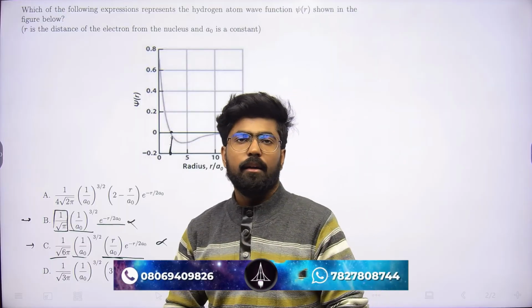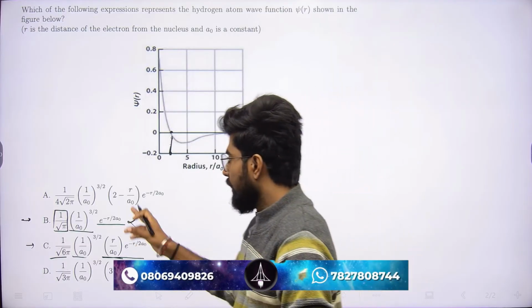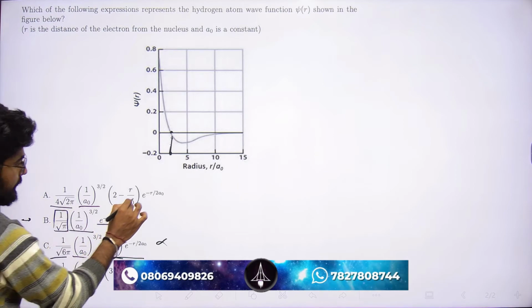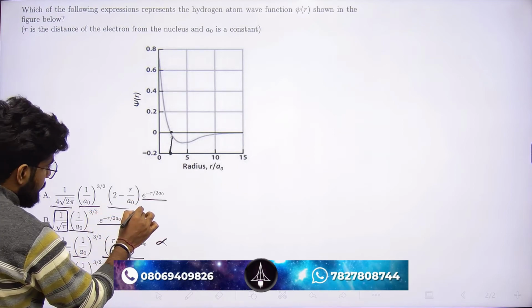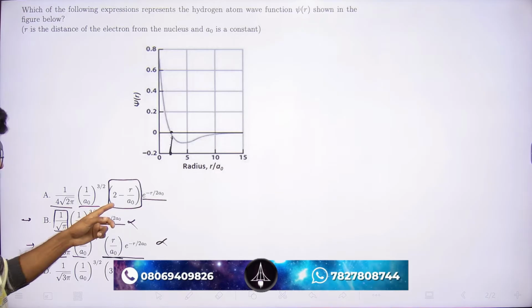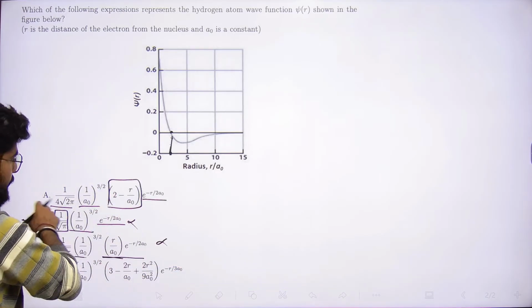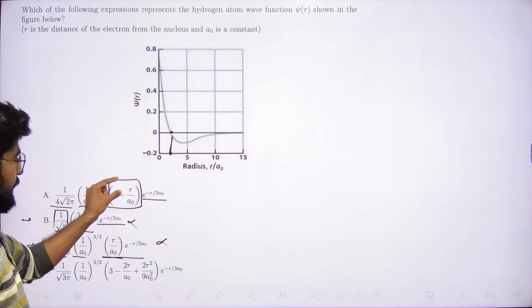You have to analyze these two very carefully. Now in A, obviously this and this cannot be 0, but this can be 0, because it is just a linear function, and if this becomes 0, the entire wave function will become 0 for some value of r by a naught.